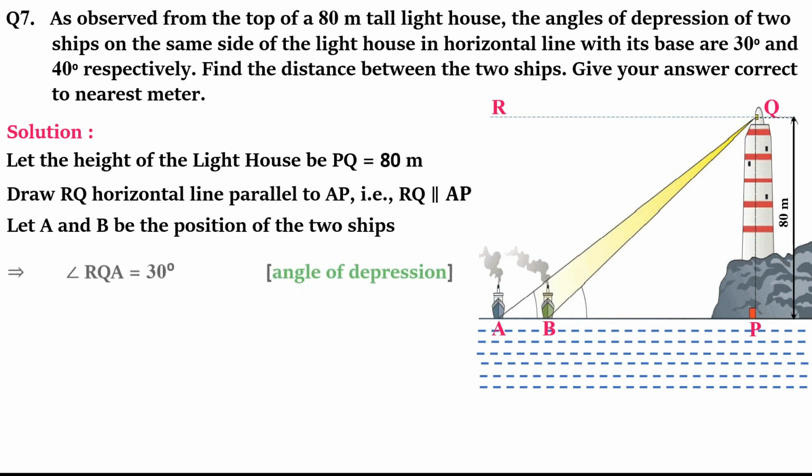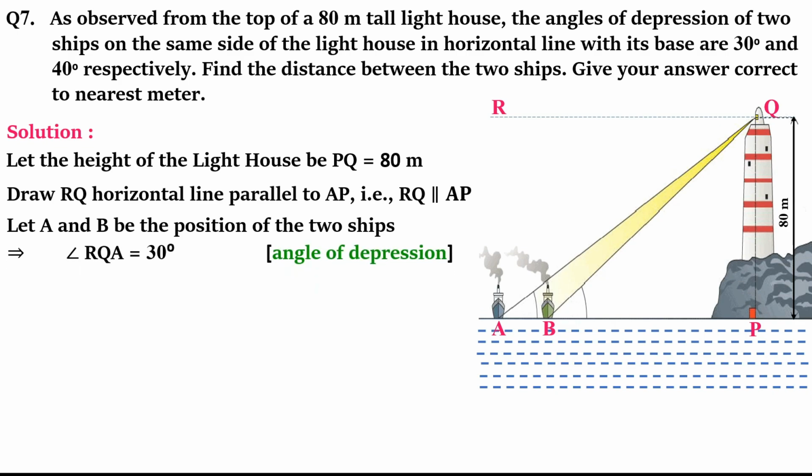So let's draw the angle of depression. The first angle of depression, angle RQA, is 30 degree, and the second angle of depression, RQB, is 40 degree. Can you see? Now these two angles will be taken as angles of elevation, because we learned this in our previous lecture.